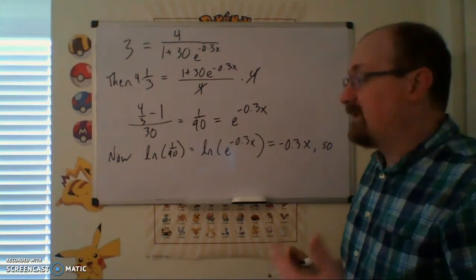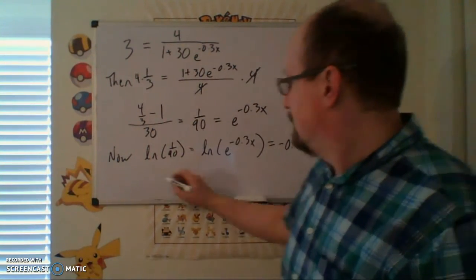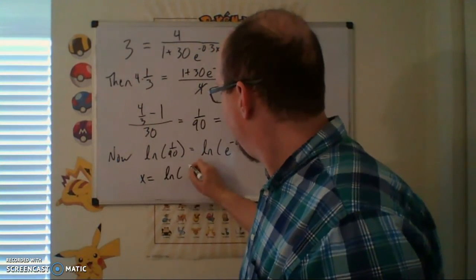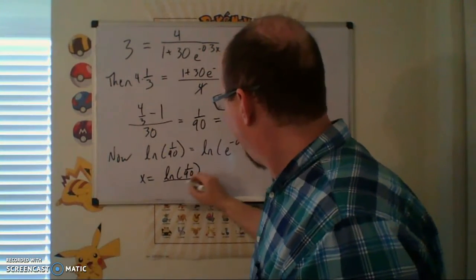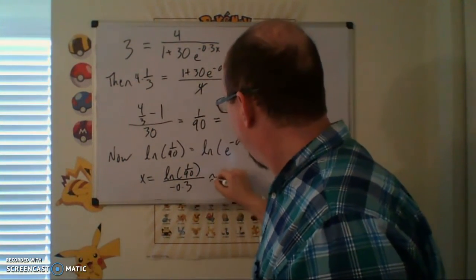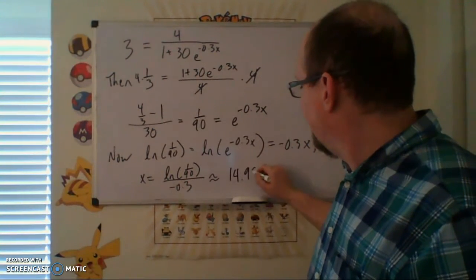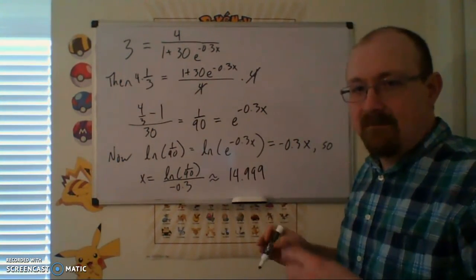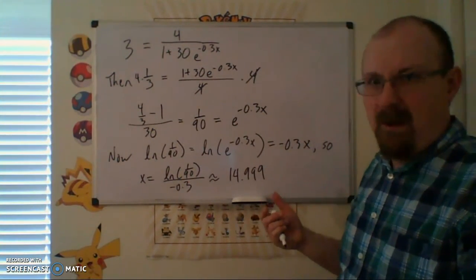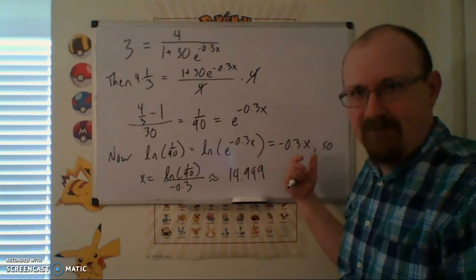So we divide both sides by negative 0.3. And you crank that puppy out, 14.999. The 9s stop at that point. It would have ended up rounding up to 15.000 if it hadn't.